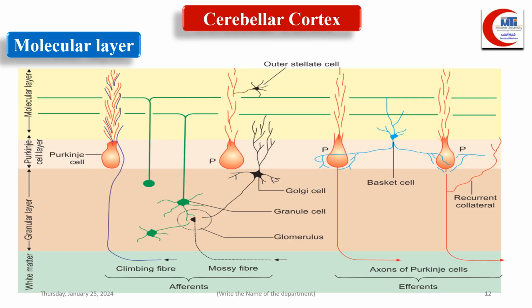Here we can see the molecular layer. You can see that it contains stellate cell present superficially, basket cell present deep in the molecular layer. You can see parallel fibers which pass parallel and transverse. You can see climbing fibers here in this layer.